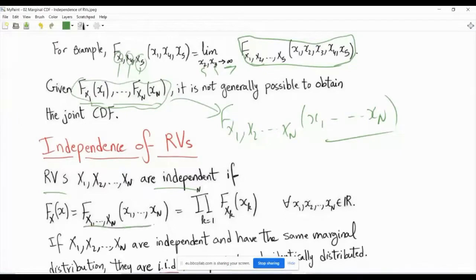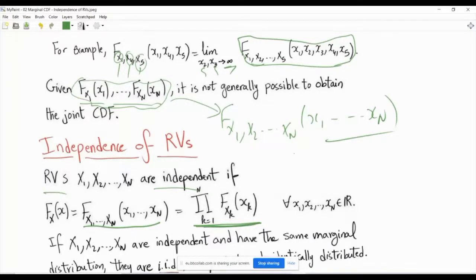If we can write the joint CDF of those random variables as a product of the CDF of each one of those random variables, then the random variables are said to be independent.